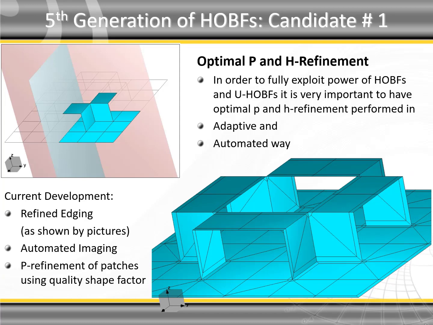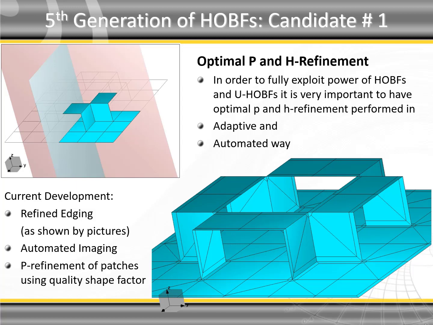In order to fully exploit power of high-order bases, it is very important to have optimal p and h refinement performed in adaptive and automated way. Currently, we are working on options that should provide such performance: refined edging, automated meshing, and p-refinement of patches based on their shape quality factor.